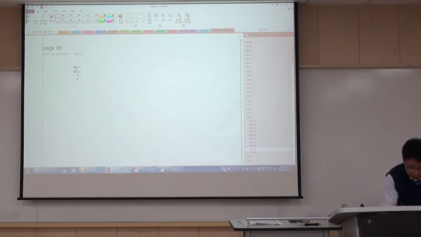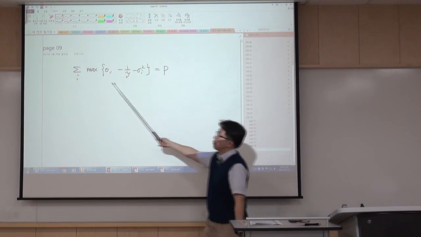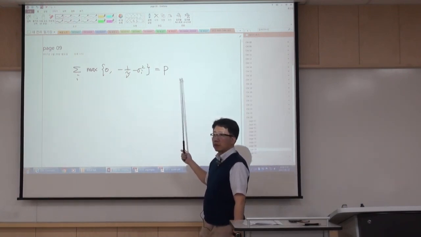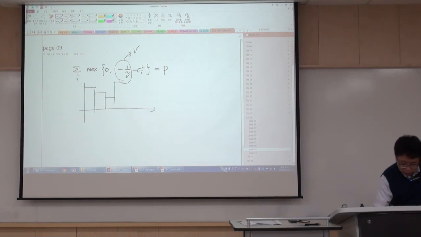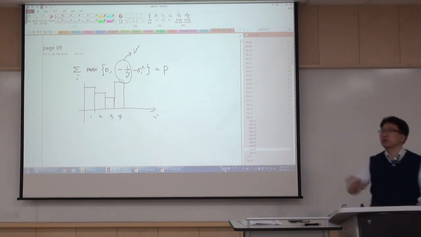We want to find nu tilde that satisfies this one. And what is this one? If you change this to nu prime, the interpretation is like this. Suppose you have i equal 1, 2, 3, 4. Ignore the width.